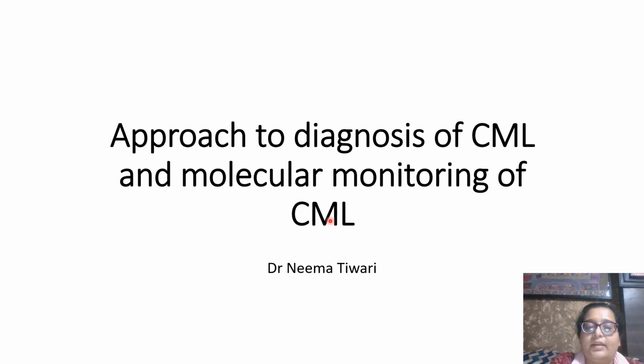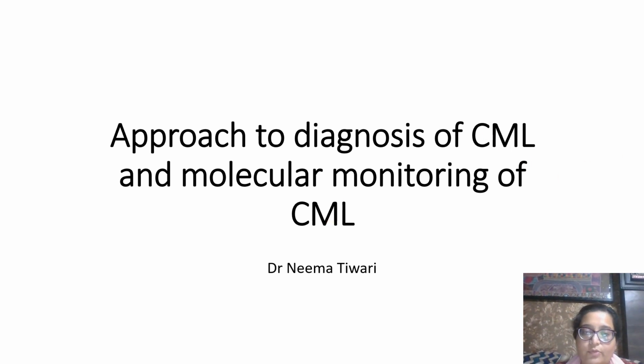Now, CML is something that will come in your course, and you should know about it. So I will be taking a 5 part lecture on molecular monitoring of CML, and will be dealing in depth with the molecular landscape of the disease pathogenesis. More so in CML, because as per the current WHO, and also for a long time, CML has been that one entity where molecular remission has always been very important.